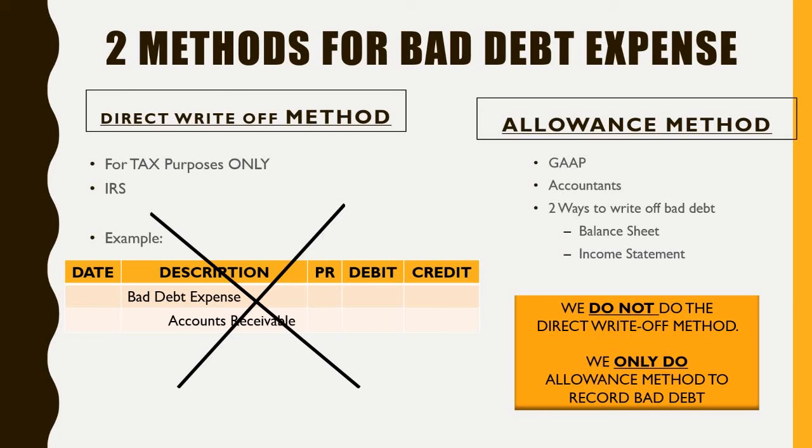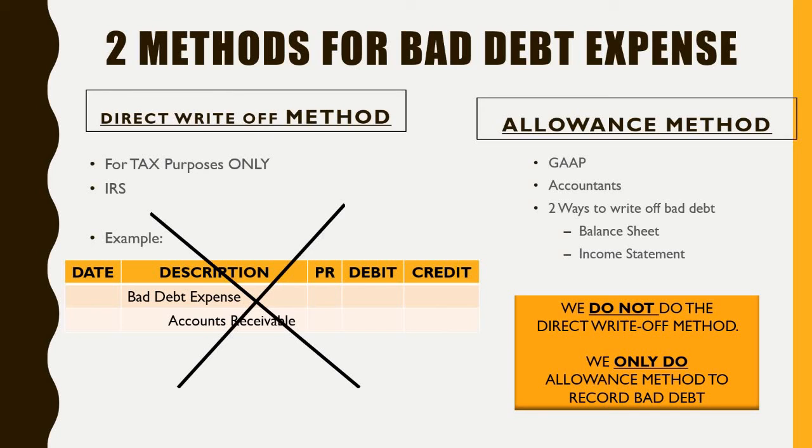You need to do the allowance method, which I'll show you exactly how to do. But in this case, we're not going to write it directly off of the accounts receivable. We're actually going to utilize the allowance for doubtful accounts. That is why it's called the allowance method.